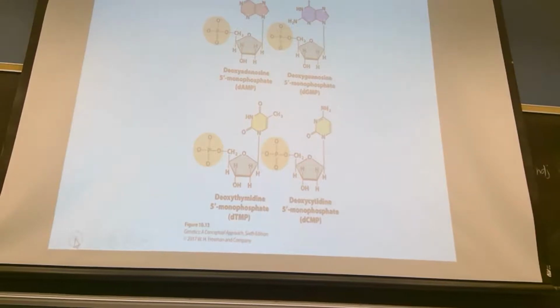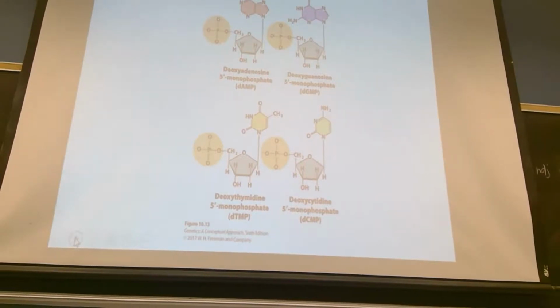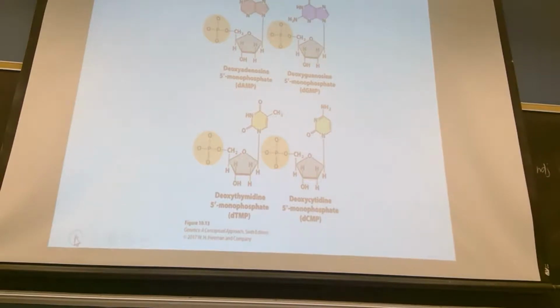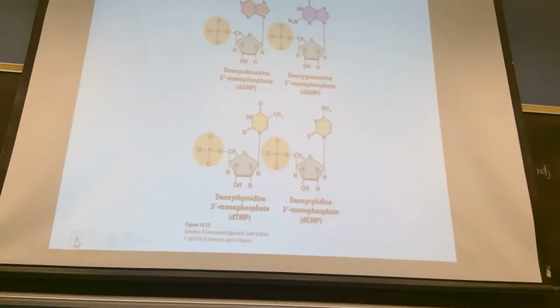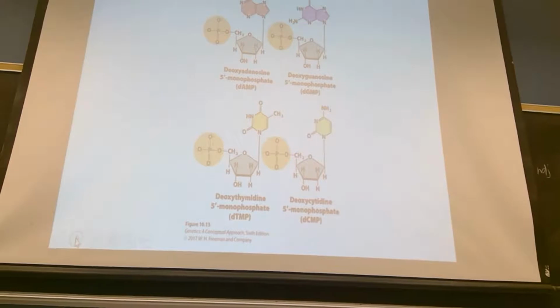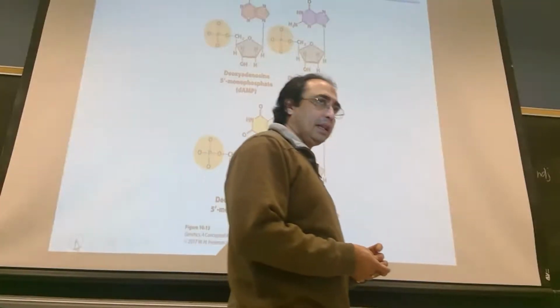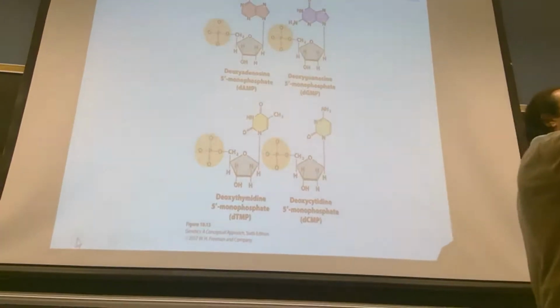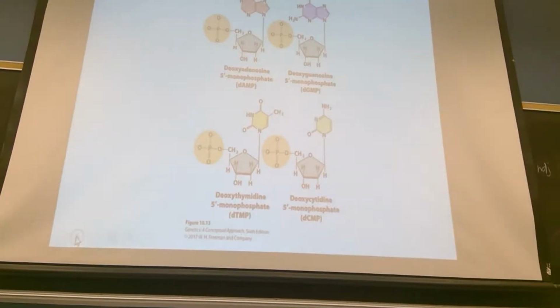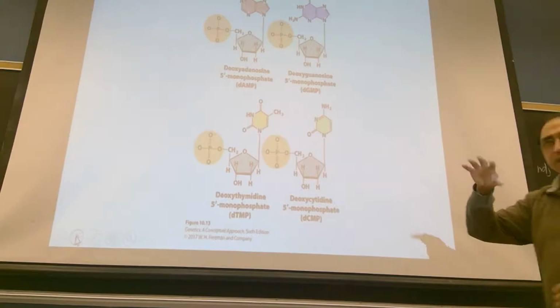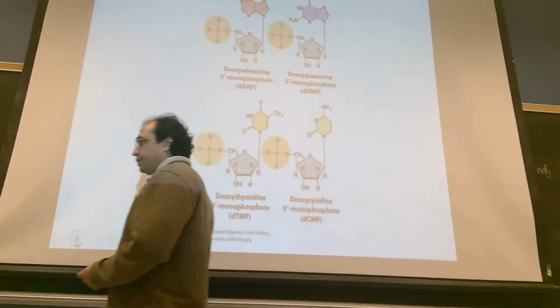With two phosphates, adenosine diphosphate. With three phosphates, adenosine triphosphate. Adenosine triphosphate, guanosine triphosphate, uracil triphosphate are generally free in the cytosol, and that is required for the replication of DNA.